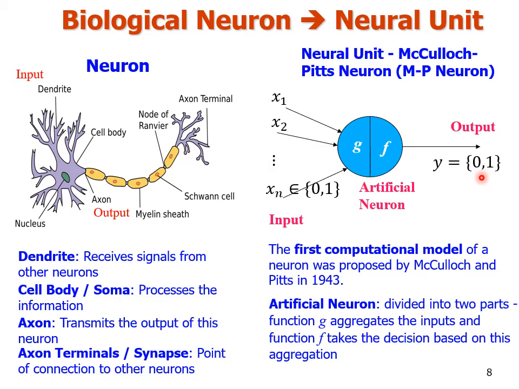So Y belongs to the set {0, 1}. So this is how the McCulloch-Pitts neuron is represented.